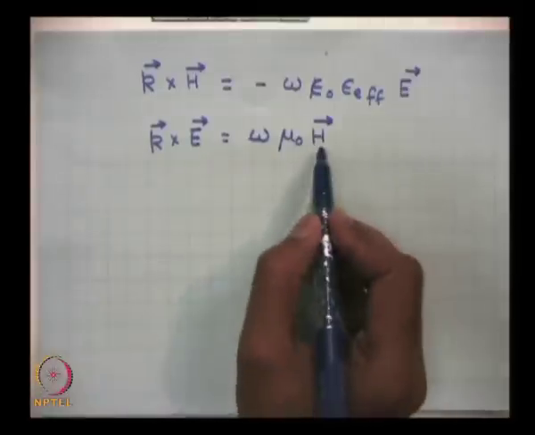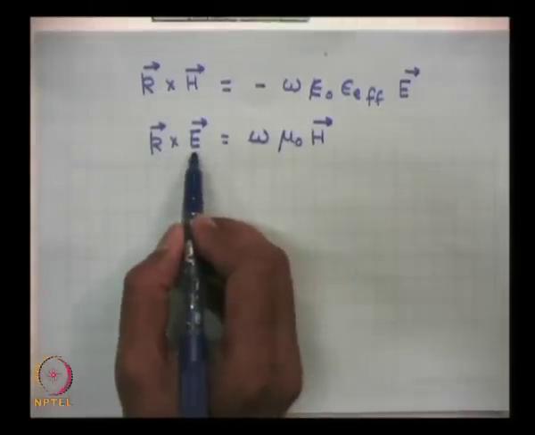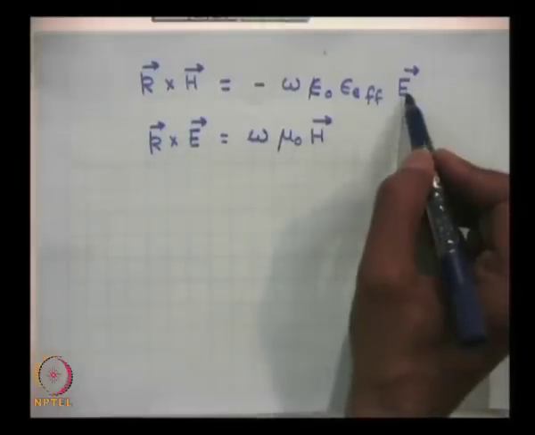So this says that h is perpendicular to k and E both. So this equation tells E is perpendicular to k.